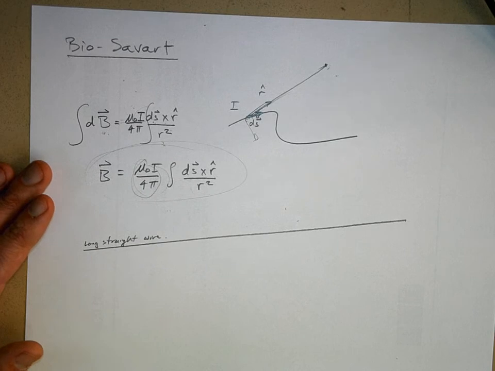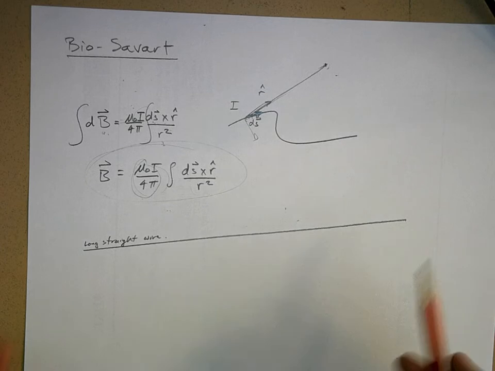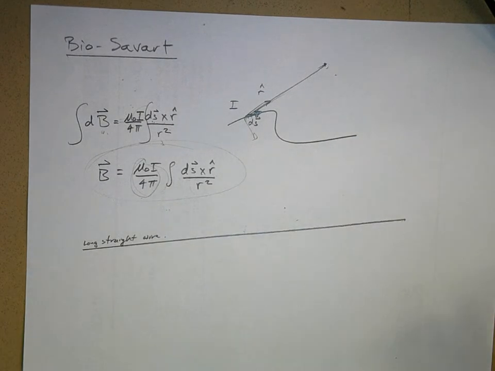This is in your book, example 30.1. They did it for a short length of wire, and then you just extrapolate that out to be a long length of wire, which means it acts like an infinitely long wire. I mean, it's not infinitely long, but it acts like one.